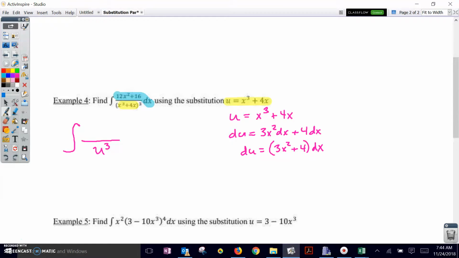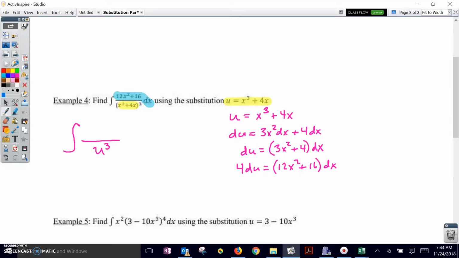We know that du is equal to 3x squared plus 4 times dx. So if we multiply both sides of this expression by 4, we find that we have exactly what I've highlighted here in turquoise that we want to replace. And so we'll replace it with a 4 du.